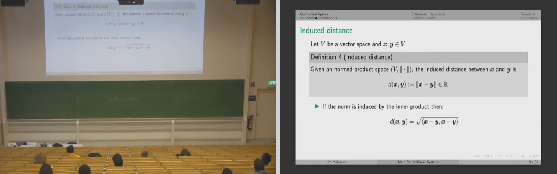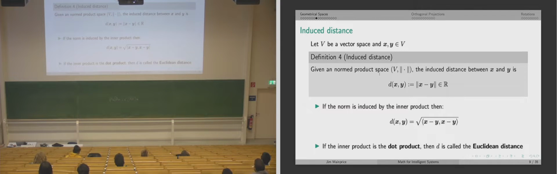If the norm is induced by the inner product, we get that the distance between two vectors is equal to that. So just applying the three steps in one go, going from the inner product to the norm to the distance.